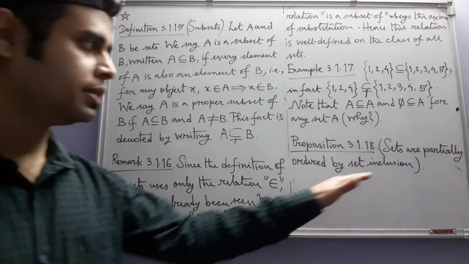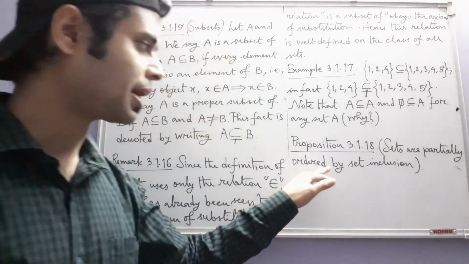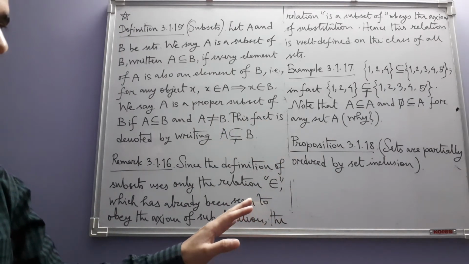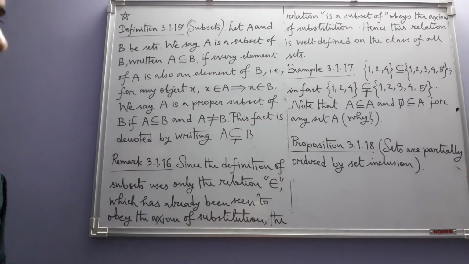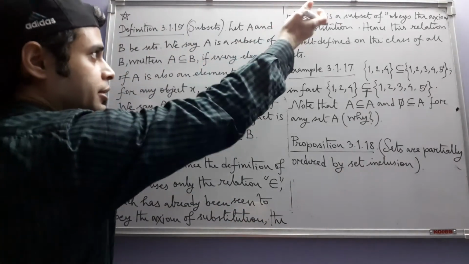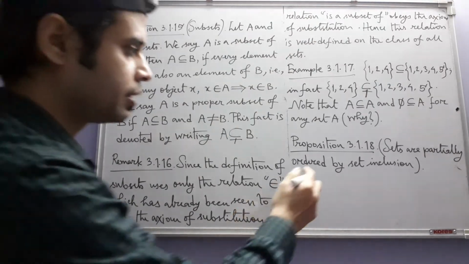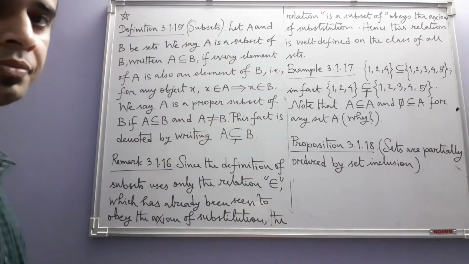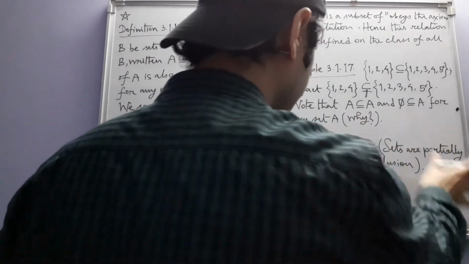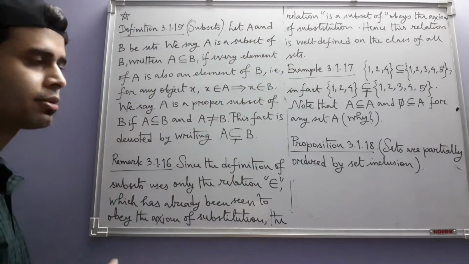What is the meaning of being partially ordered? We will come to that later when we see partial order relations. Set inclusion is nothing but this relation, is a subset of, that has another name, that is called set inclusion. Okay. And this relation has been defined on the class of all sets.